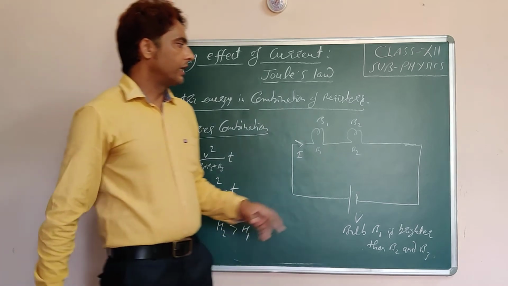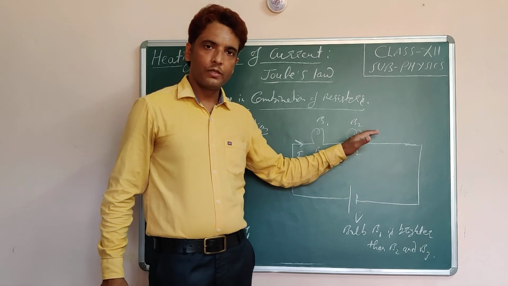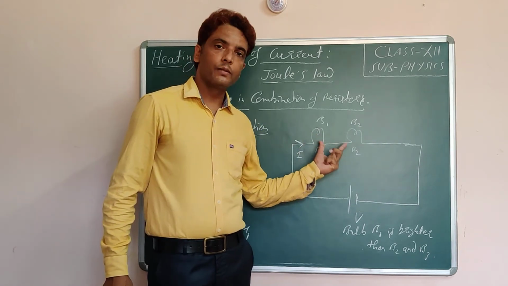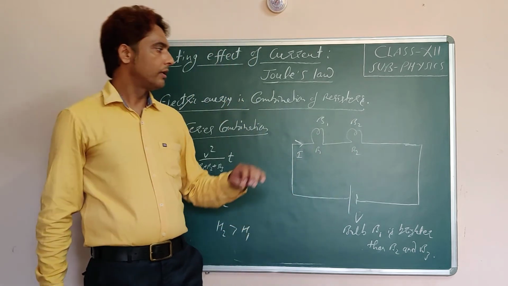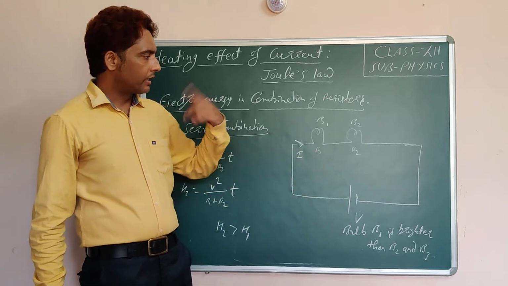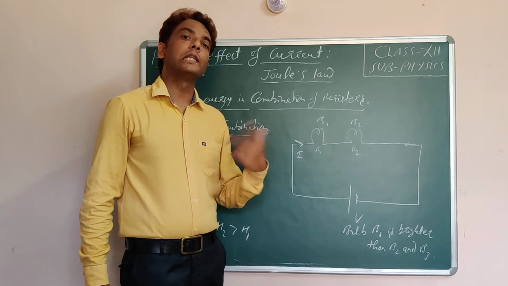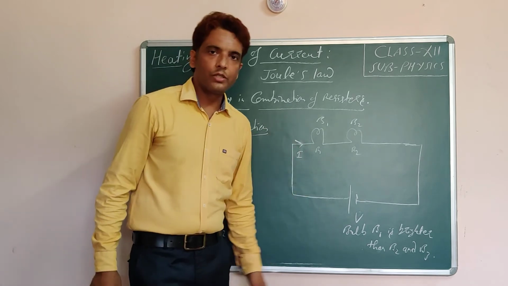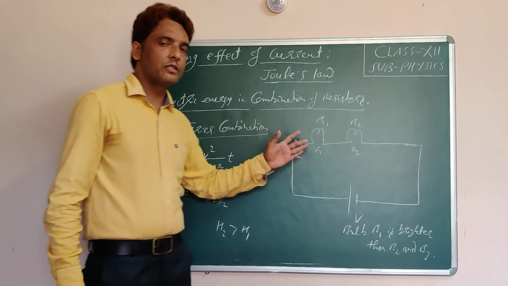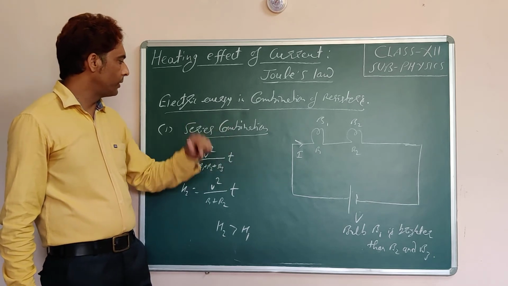It means in a series combination, if out of 3 bulbs I remove one bulb, then the brightness with 2 bulbs will be more than when 3 bulbs are connected in series. If I remove a bulb, brightness also increases. So this is about how we can solve the numericals based on heat energy in case of series combination.